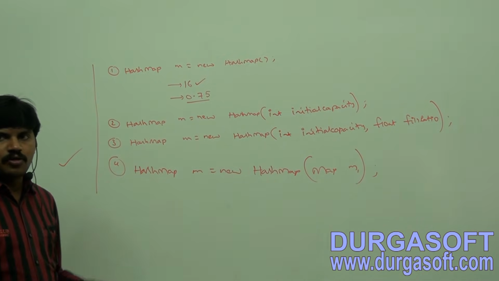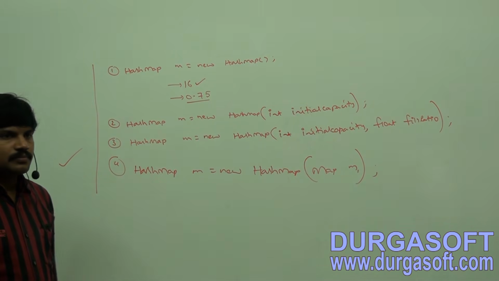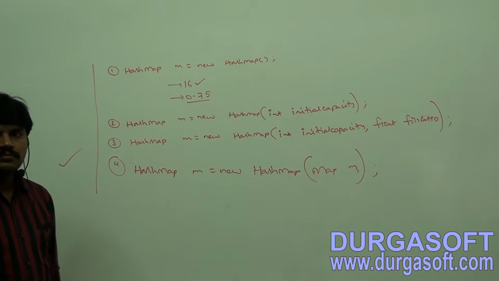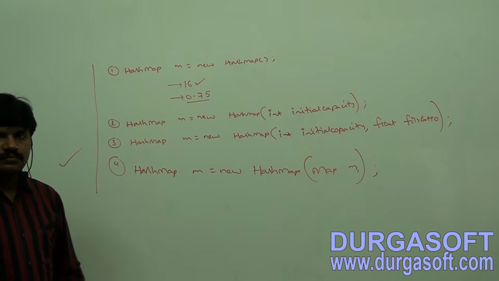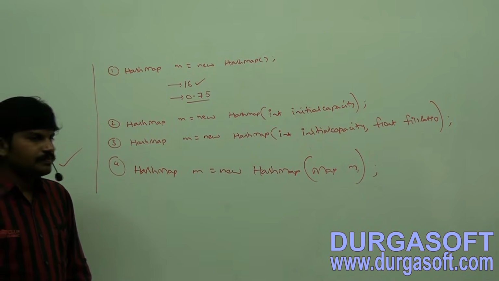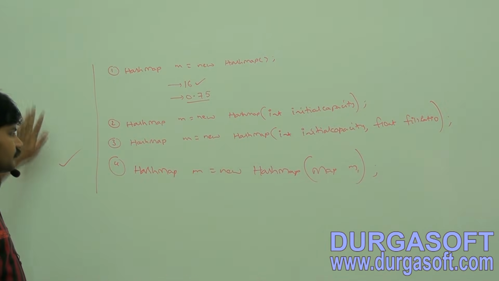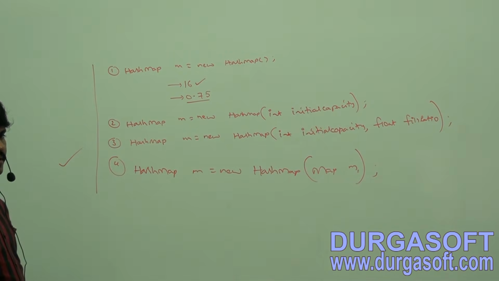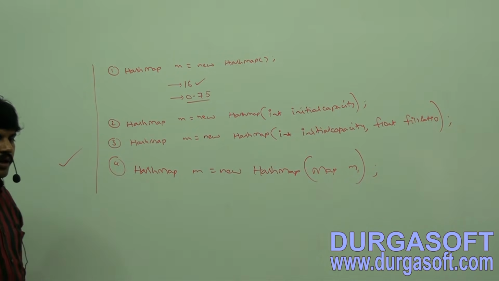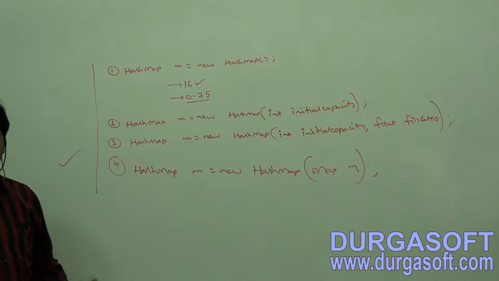That's all completed, I hope. So these are the four constructors we have related to hash map. Are you able to understand that?